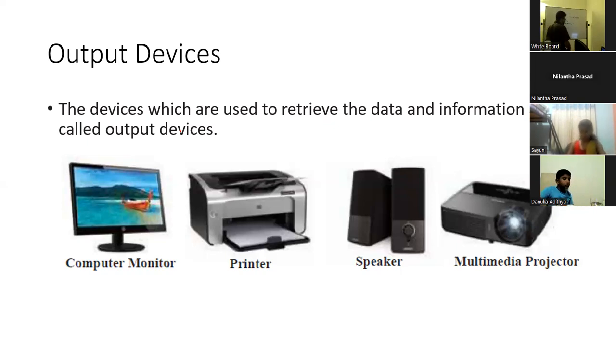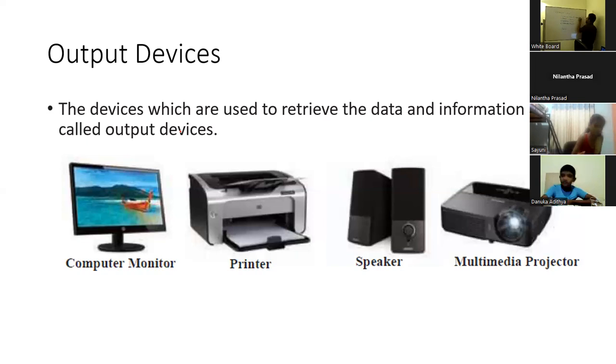So what are those forms? In front of them, we can write the printer. It is going to create hard copies of documents. Speakers, sound. The form is sound. Projector, it is going to be in visual form.